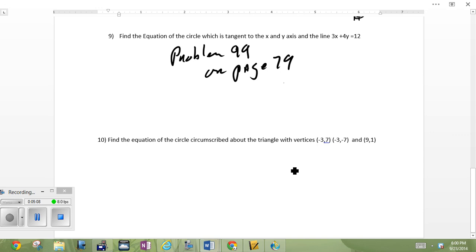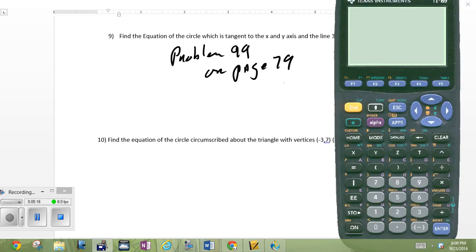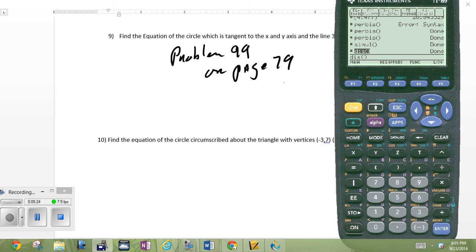So here we go. I have my calculator, which I'm going to utilize right here. I have up and available for immediate use the three programs that are going to be of greatest importance here. Purvis for perpendicular bisector, symbol for a point of intersection between two lines, and distance for, obviously, the distance formula, okay?